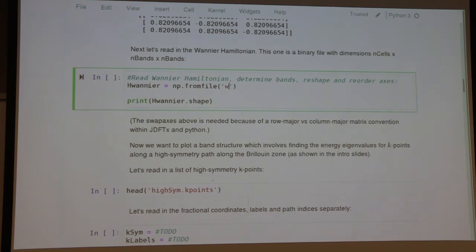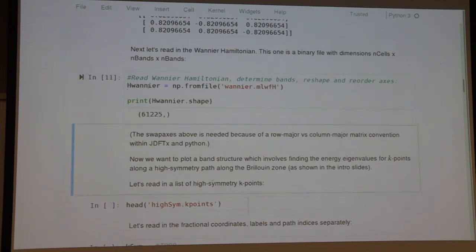and that just amounts to this. If you run that, you just get a list of numbers.